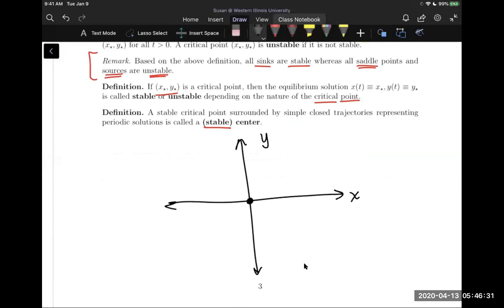All we want to do is surround this with closed trajectories. These might look like circles, these might look like ellipses. We just want them to be simple closed trajectories. So I'll draw some ellipses, make them elongated in the x, and then just pick some kind of orientation. Whatever orientation you have for the first trajectory, they all should follow. So I'll put a few more trajectories here.